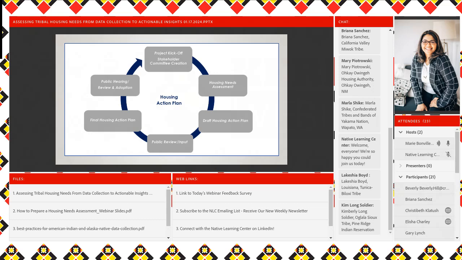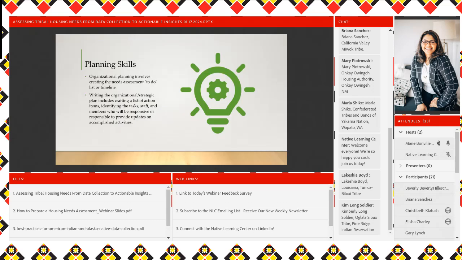Then they actually finalized their housing action plan and turned that into something that was adopted by their coalition to be able to promote several different programs to support housing, both for veteran housing and also down payment assistance. So what does planning look like?